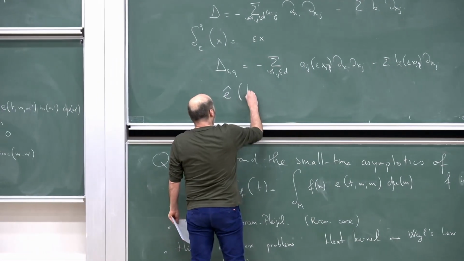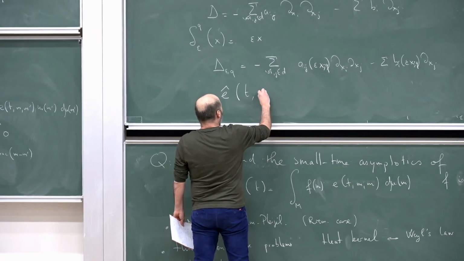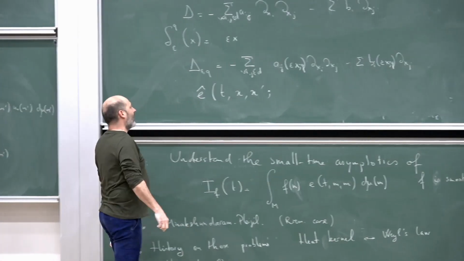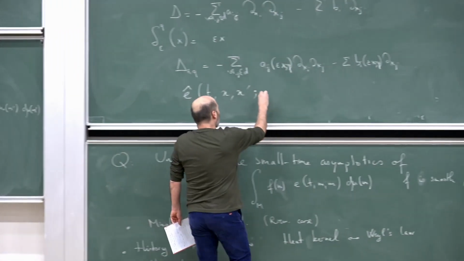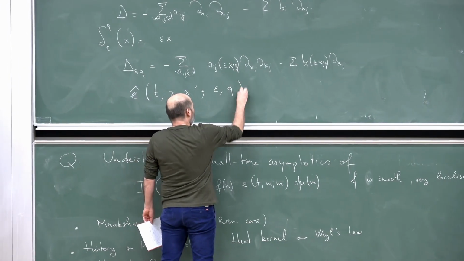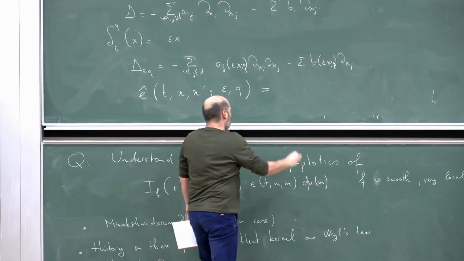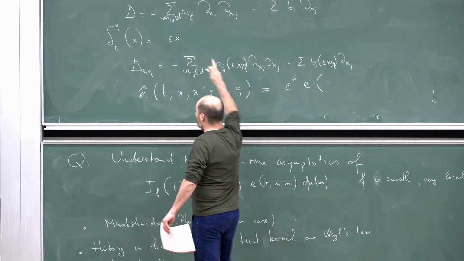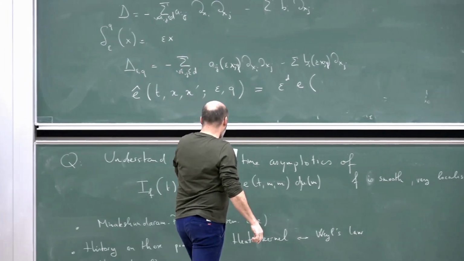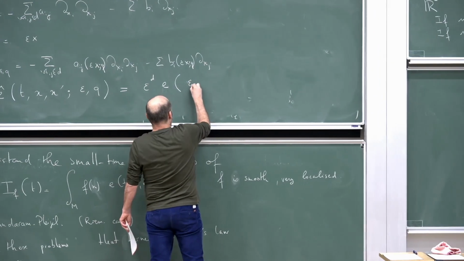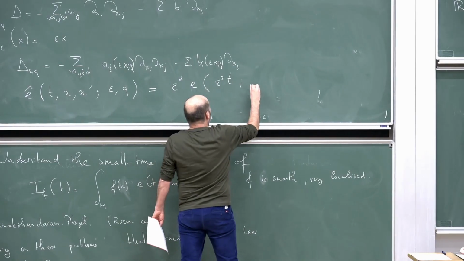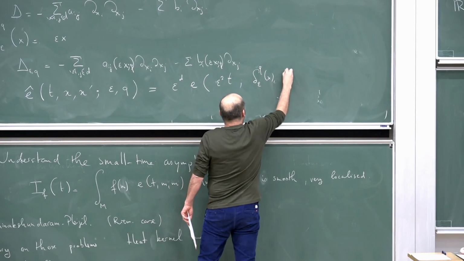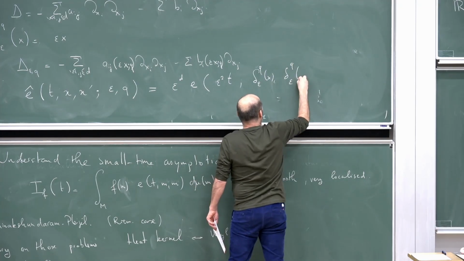So now you define E hat of t, x, x prime, that depends parametrically on epsilon and q, and this is just epsilon to the d, E. So E is my heat kernel for my original Laplace operator, and here I just have epsilon t squared, delta epsilon q of x, delta epsilon q of x prime.